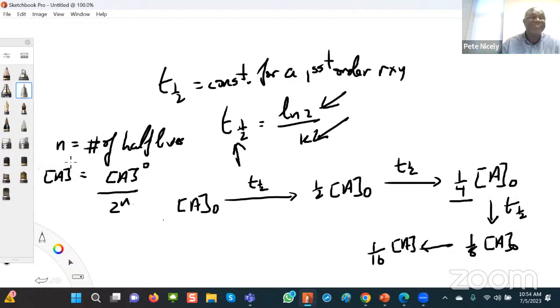So that's a relationship between the current concentration of A and the number of half-lives that has passed by. That makes things easier for us to calculate if you know the half-life and know how much time has passed, and if you see that the number of half-lives is an integer, then you can just simply use this formula here to calculate the current concentration of A.